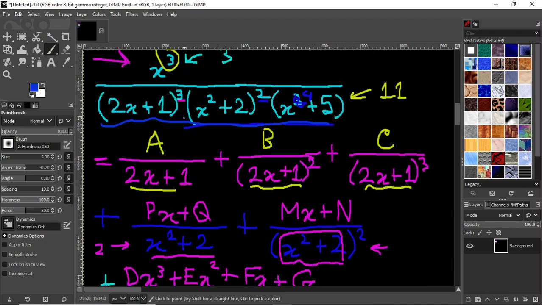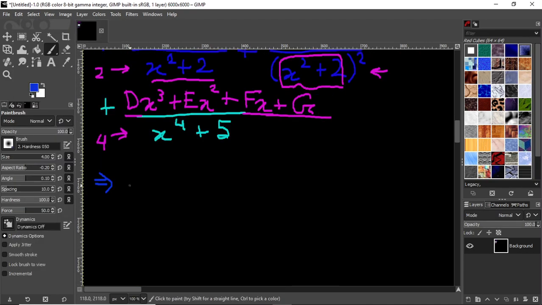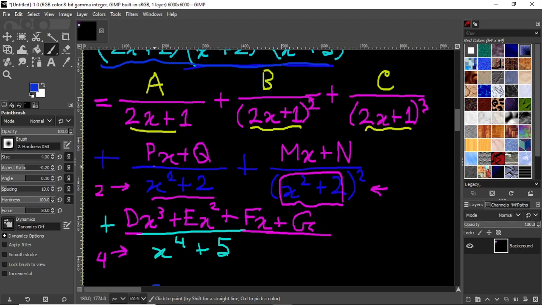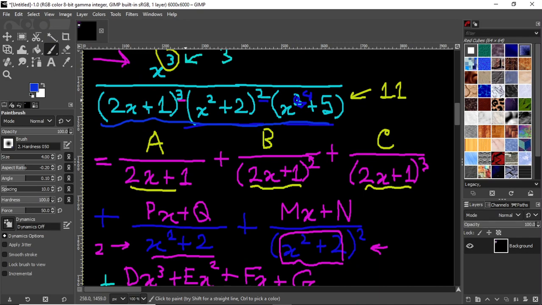If I do that, this cancels out and I'd only have the numerator here, which is x cubed. Now this is going to equal a bunch of stuff. If you multiply this out, you'd get A, and you're multiplying 2x plus 1 cubed along with the rest of the things.